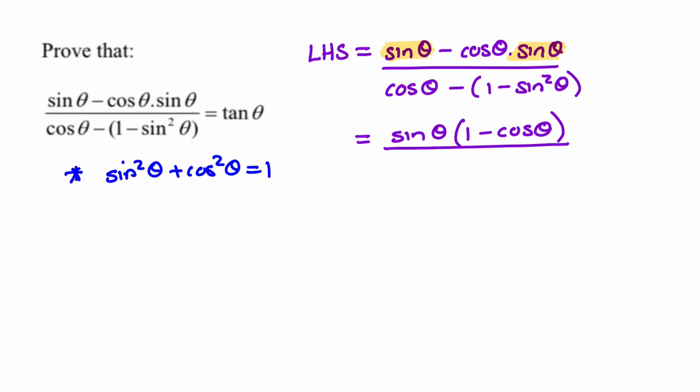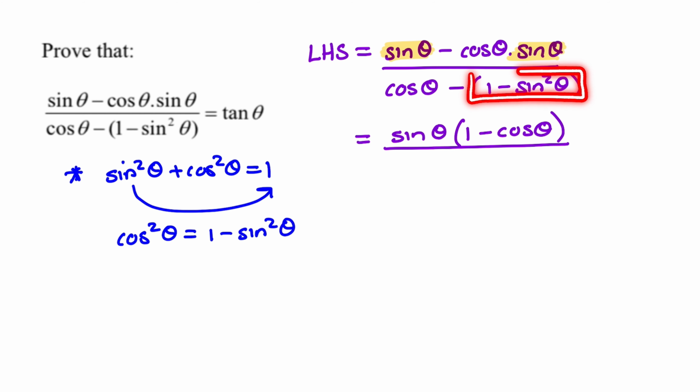And if I take over this sine squared theta, I will have cos squared theta is equal to 1 minus sine squared theta. That means that in our denominator, that 1 minus sine squared theta can be rewritten as cos squared theta. So I'll have cos theta minus cos squared theta.